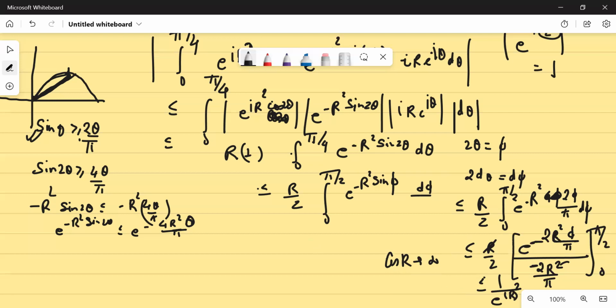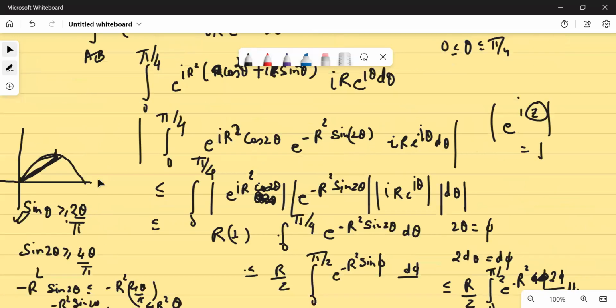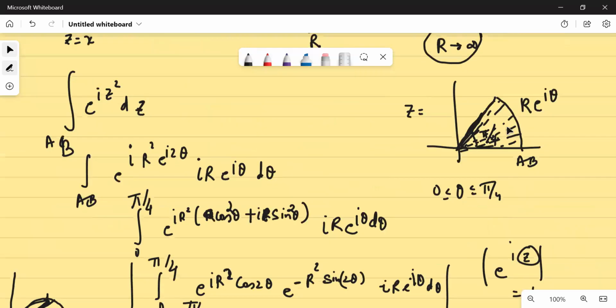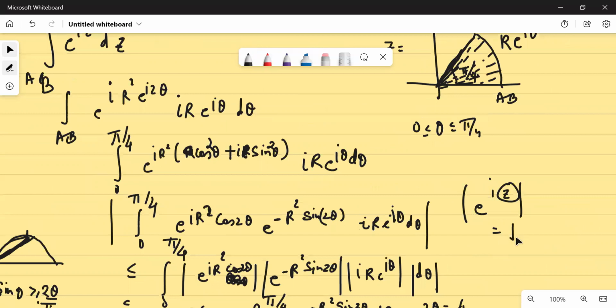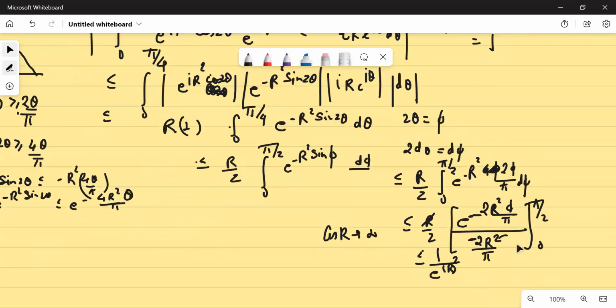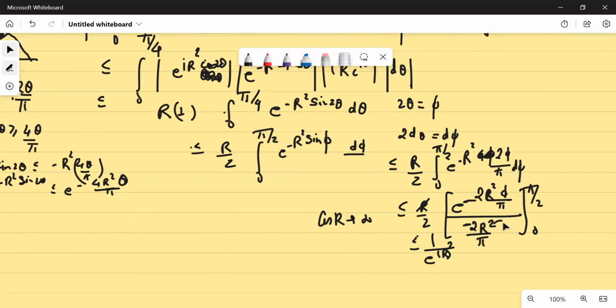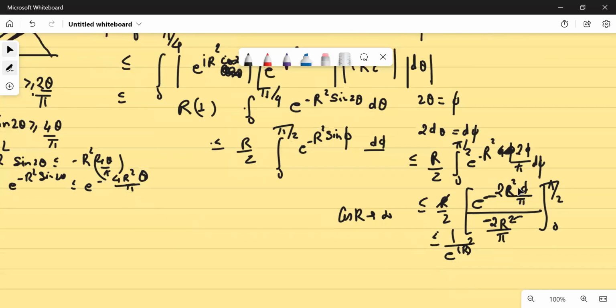Exact things you can do, but overall I'm just trying to tell you that this entire thing would become 0 as r tends to infinity. So as r tends to infinity, the contribution from this arc would go to 0. This is what I have shown here. I may be wrong with some constant, but I'm not very interested in that. Is that clear?